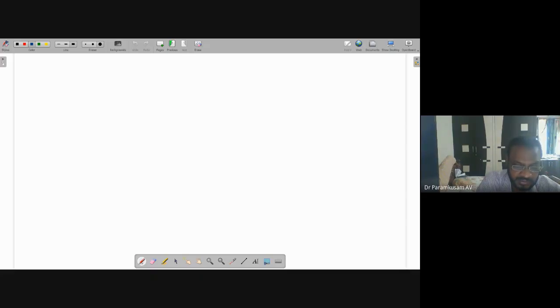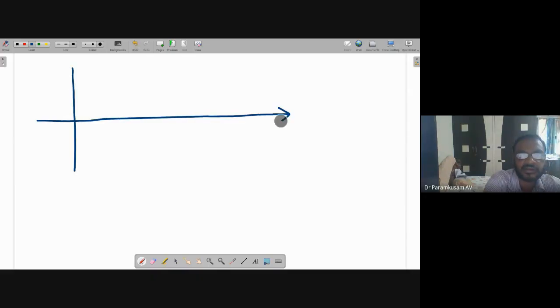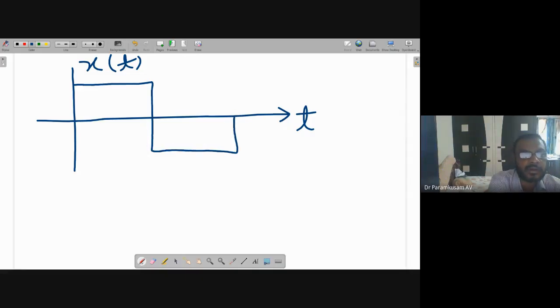Then draw the unit impulse response of the matched filter. This is the signal x of t, which is applied to the matched filter. The values are 0, 1, 2, 1, minus 1.